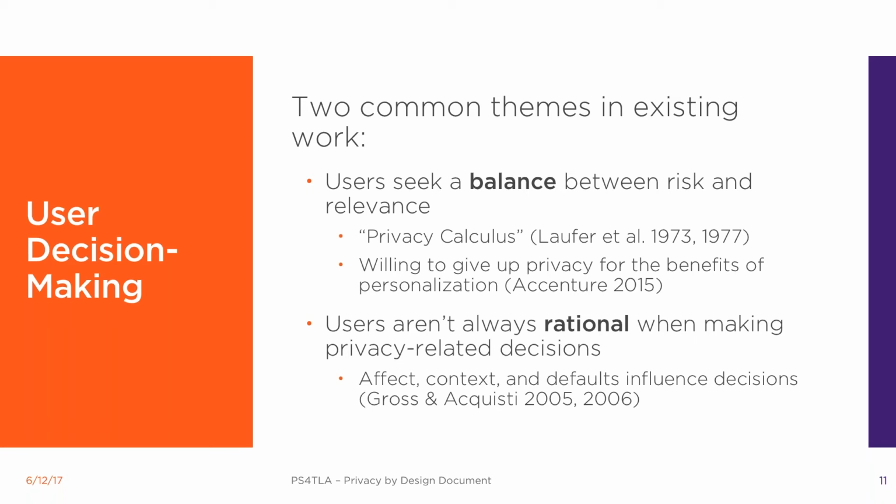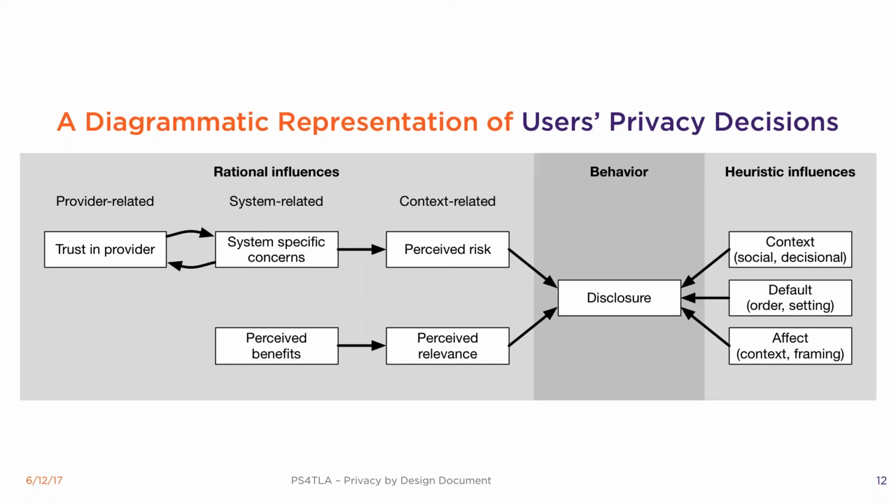So here's a graphical representation of the research on user privacy decision making. In the middle we have users' disclosure behavior, and you will see that when people do this privacy calculus, it's indeed a trade-off between the perceived risk and the perceived relevance of disclosing a specific piece of information.